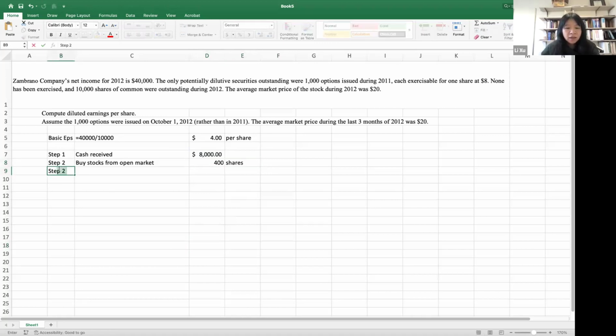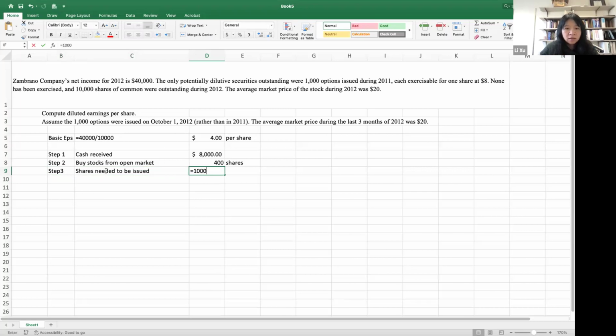Now, how many more shares do you need? We'll call it the shares needed to be issued. Remember, we have 1,000 options, and each option can be exercised and converted into one share.